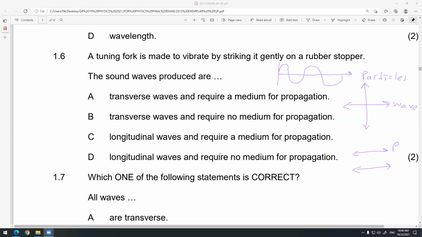Let's show with lines, maybe just with particles. Some particles are close to each other, people. The name is compression. And then where particles are spread apart, this one is rarefaction. And then they come together again, another compression.